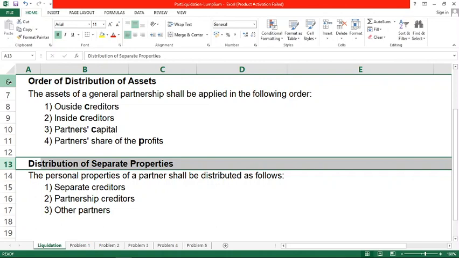But according to the personal properties of a partner, naa poy order kung kinsa ang una or kinsa ang i-prioritize sa iyang personal properties. So, let's say I am that partner A. I have properties and I also have separate creditors. So, ako ang personal nga mga gipang-utangan.